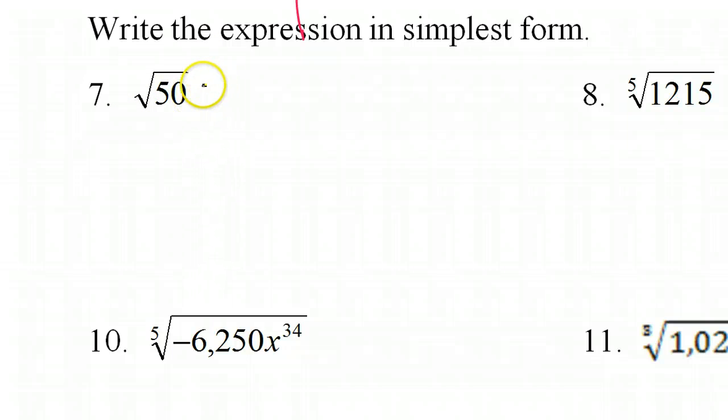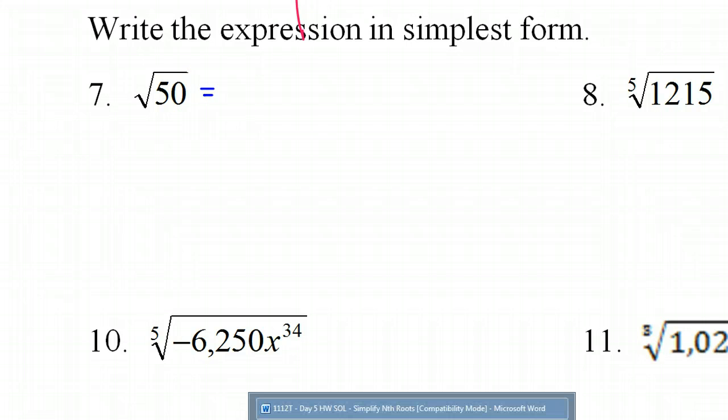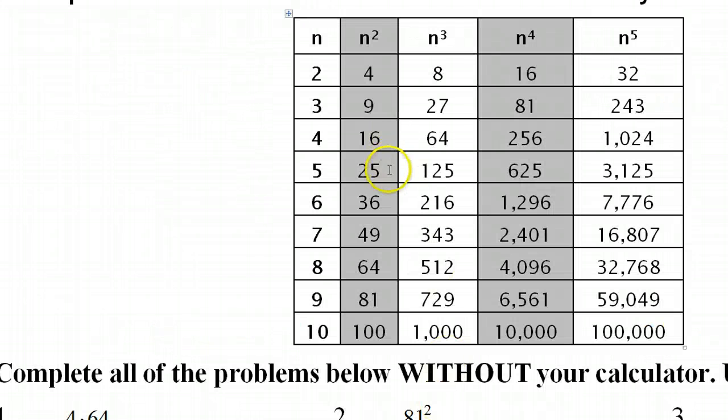But anyway, we are going to split this up, just like we did the other problems. So looking at the chart, I mean, you should be able to do this in your head, but we're looking for the biggest number possible on this list that divides evenly into 50. And clearly that is going to be 25.